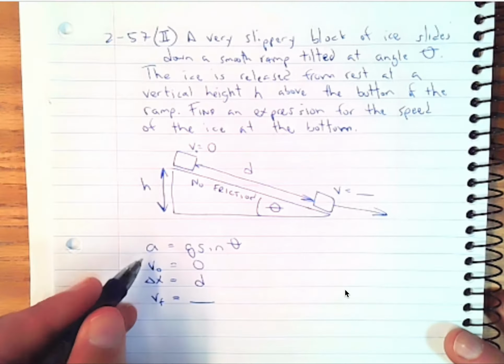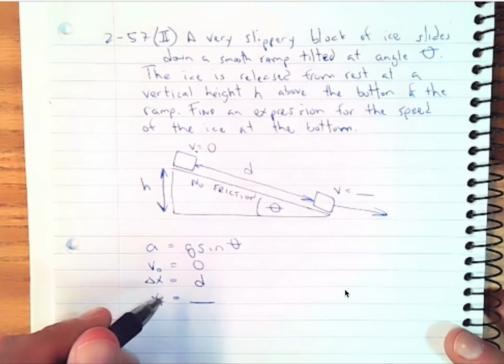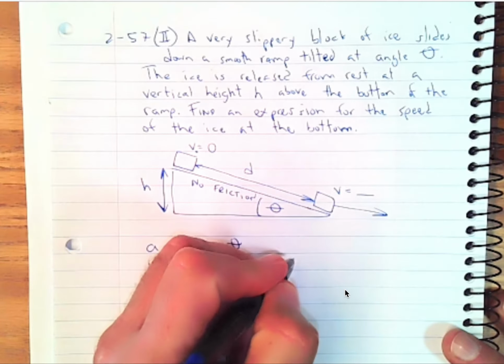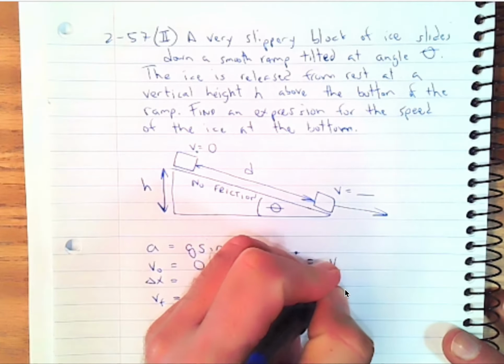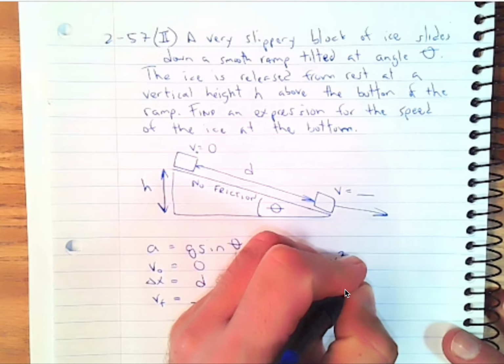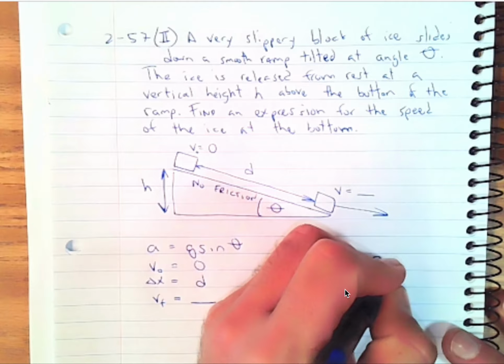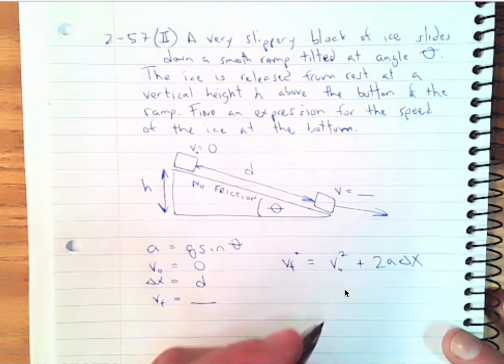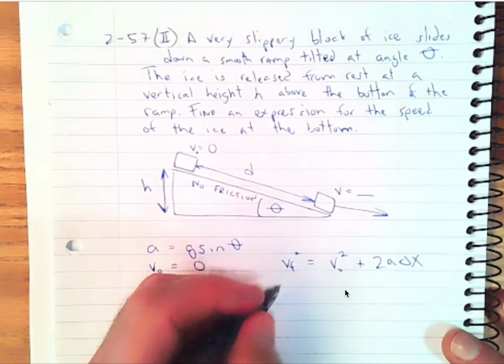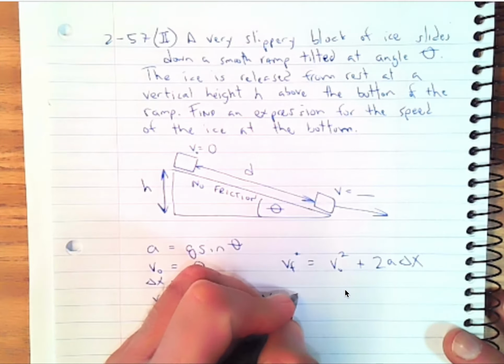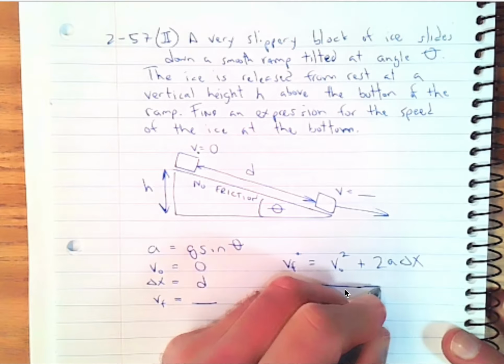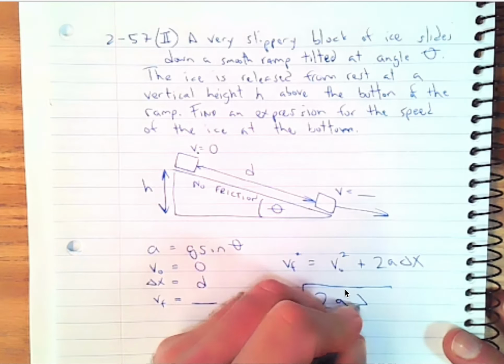Well, we don't have time, so how about how fast, no time? Let's try that one. V final squared is equal to V naught squared plus 2a delta x. Great. And so V final will be equal to the square root of 2a delta x.